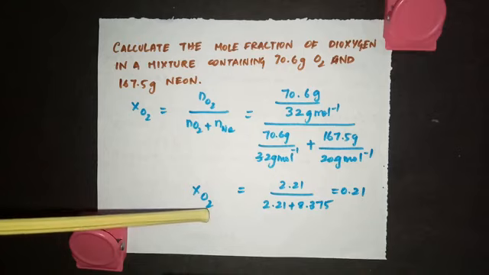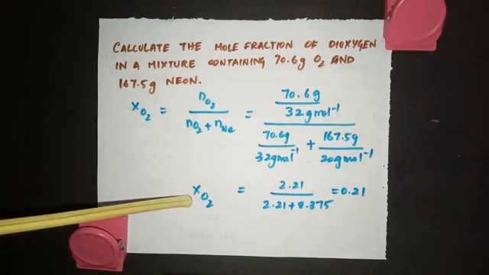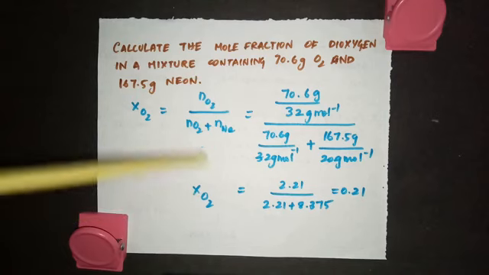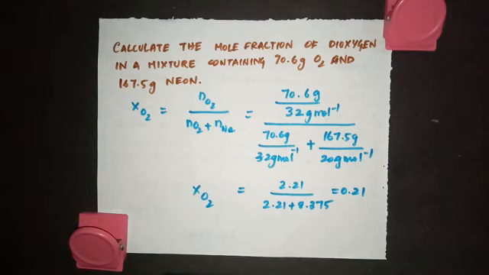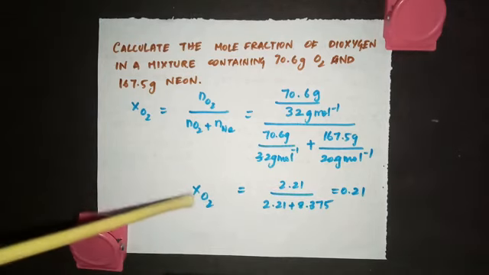And here, I told you just now, when there is a binary solution, when you add the mole fractions, it will be equal to 1, which means here you have oxygen and neon. So mole fraction of oxygen plus mole fraction of neon would be equal to 1. So XO2 plus XNe will be equal to 1. So XNe will be equal to 1 minus XO2.